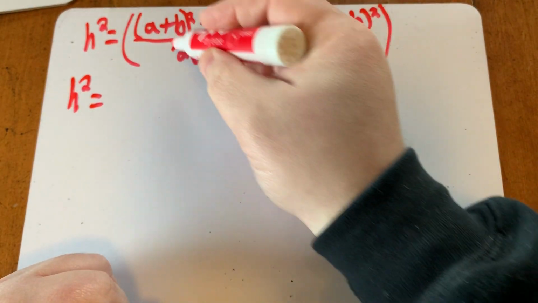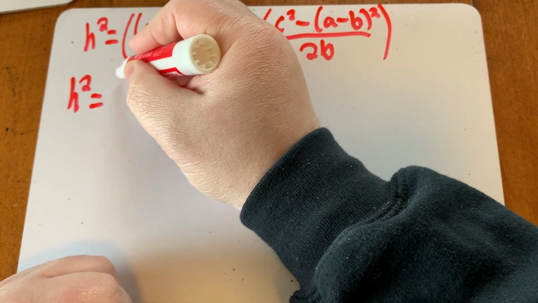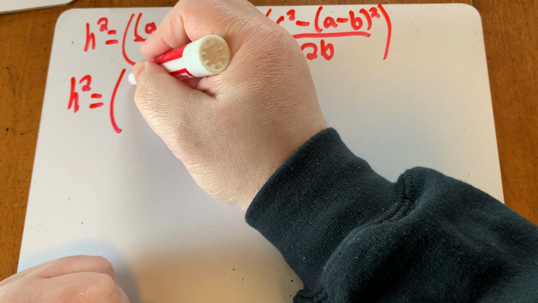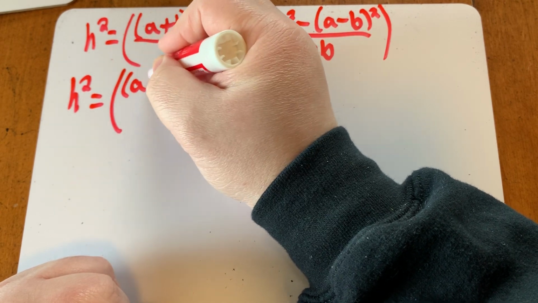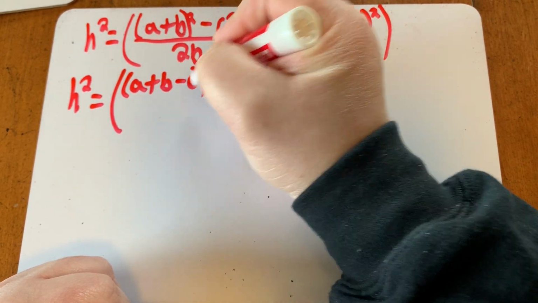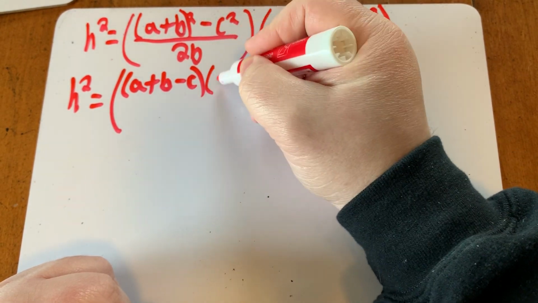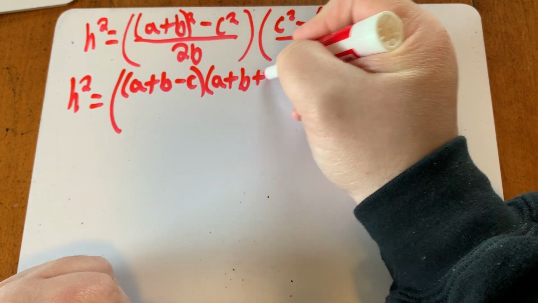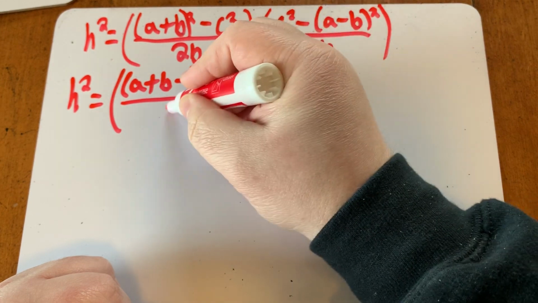h squared equals. So it's (a plus b minus c) and then (a plus b plus c) all over 2b.